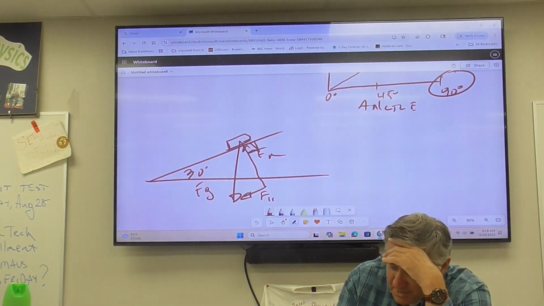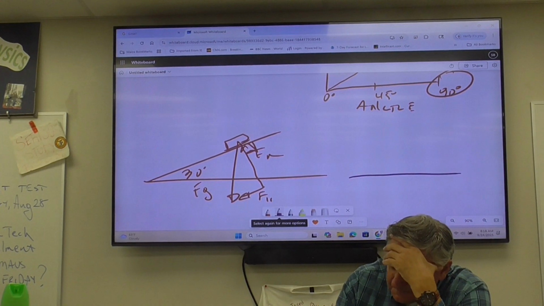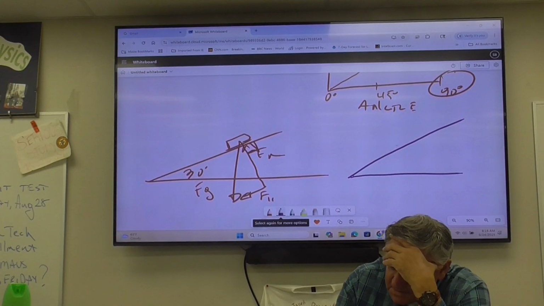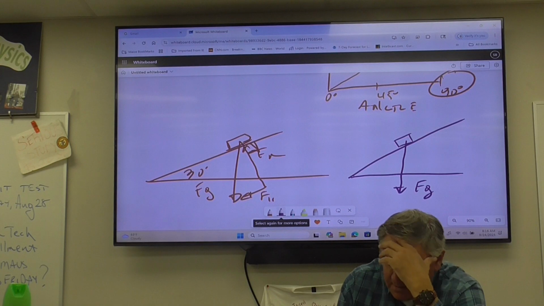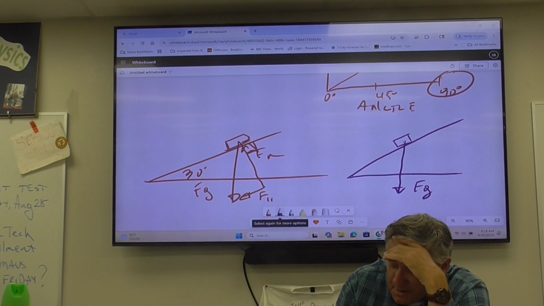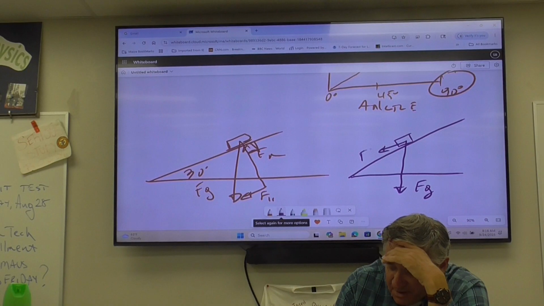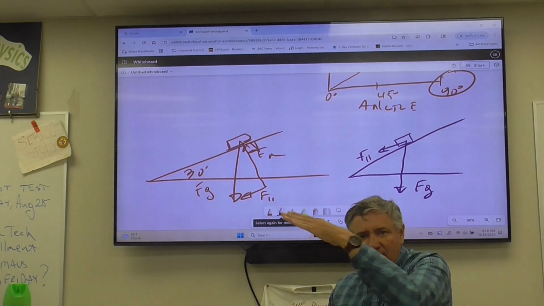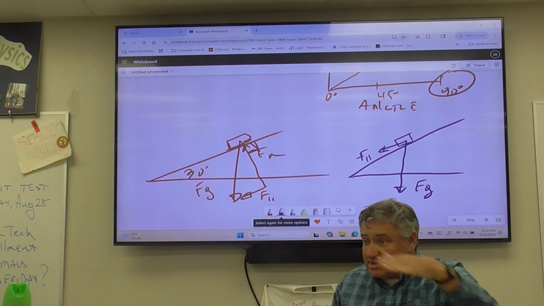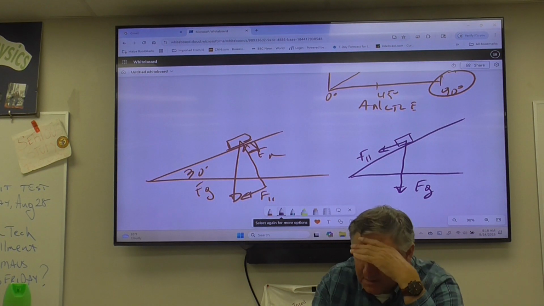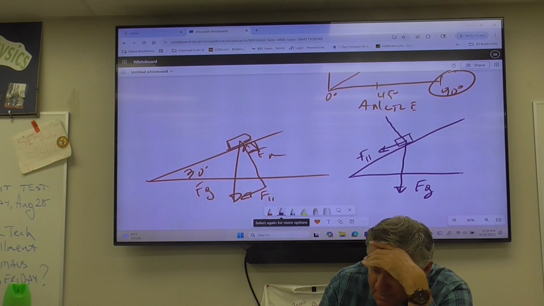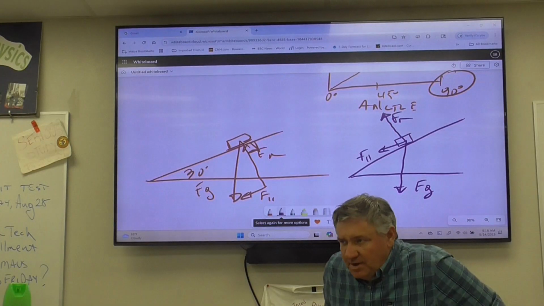Now, your other option, and this is more what actually happens, is that you draw your gravitational force acting down. Then you draw your force parallel, acting parallel with the surface, because that's where it's actually going to happen. And then the normal force is acting up like this, okay?